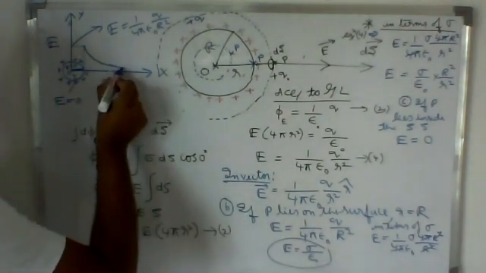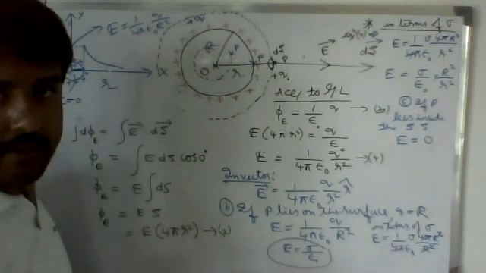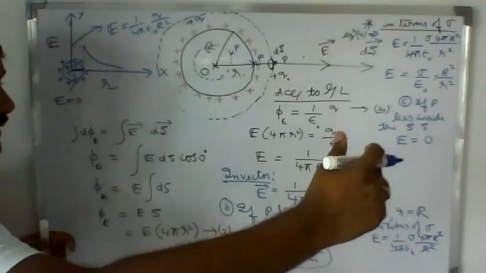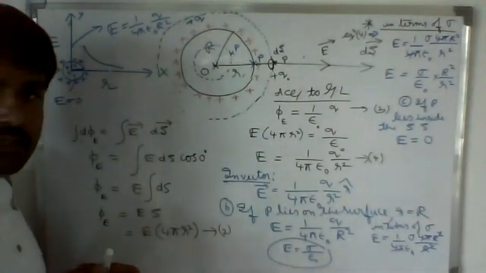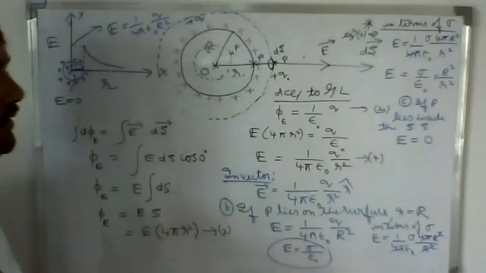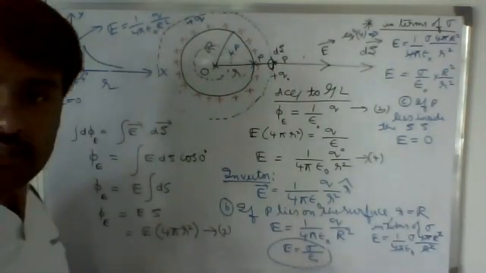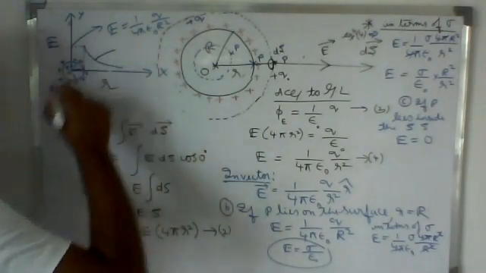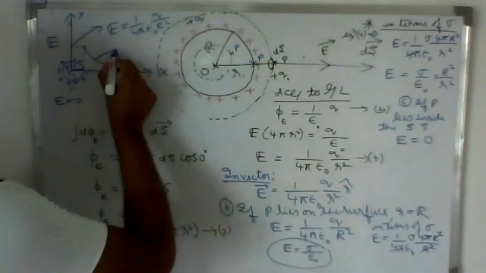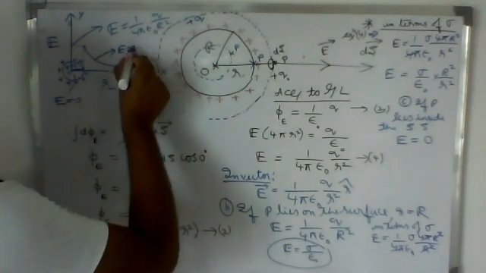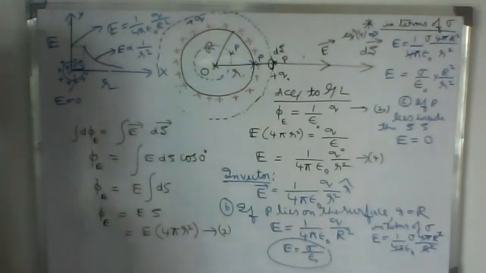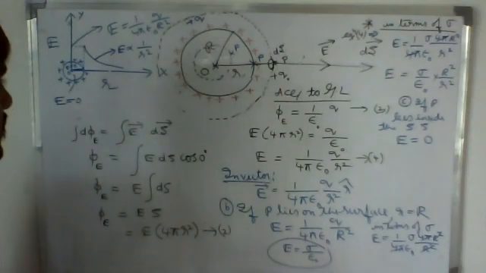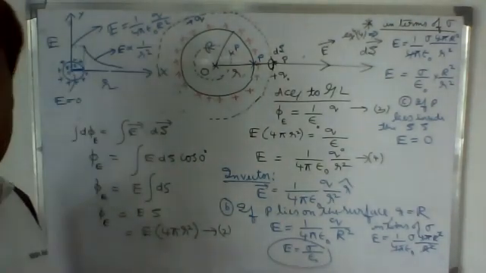This curve touches the x-axis at infinity. What is the electric field strength at infinite distance from the uniformly charged thin spherical shell? That is equal to 0. This is a rectangular hyperbola, and this curve indicates E is inversely proportional to the square of the distance from the observation point to the uniformly charged thin spherical shell.